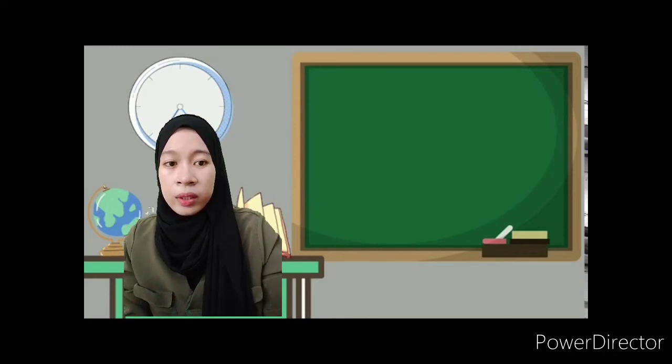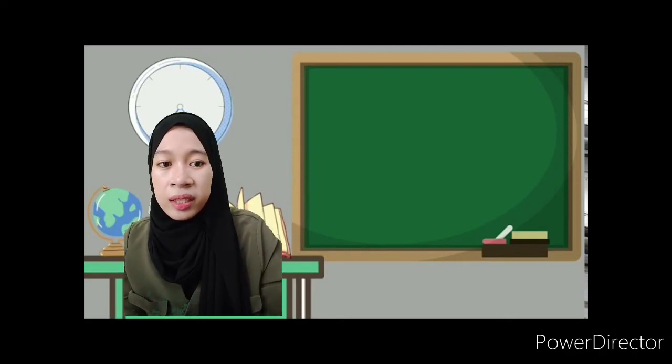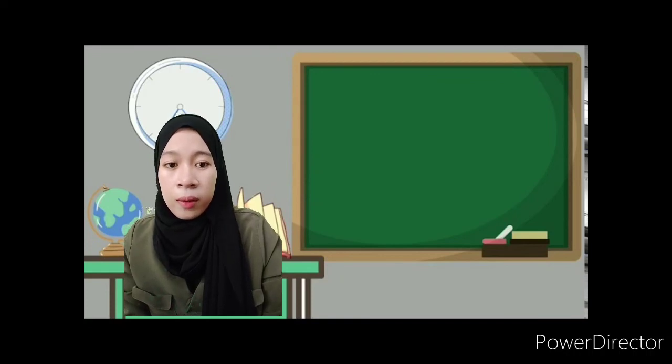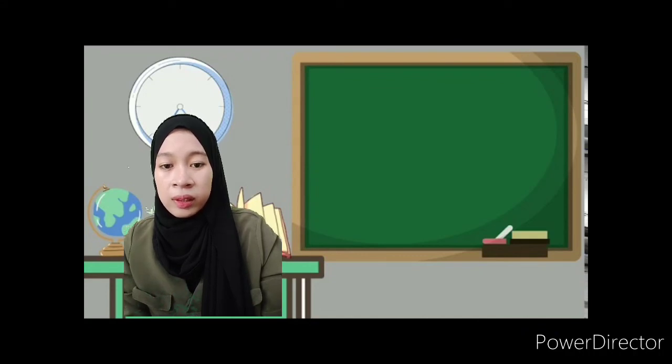Provided with several pictures, students can determine fractions confidently. 3. By listening to the teacher's explanation, students can simplify fractions carefully and thoroughly. 4. By observing the pictures, students can compare fractions carefully and thoroughly.